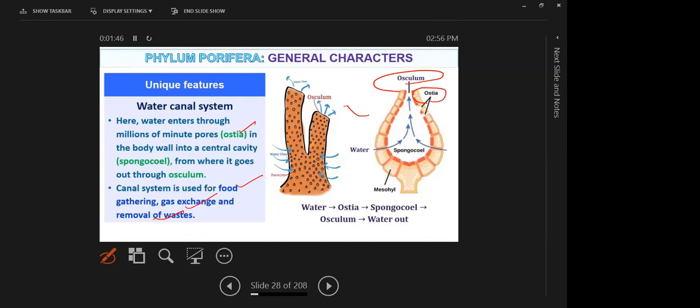All the metabolic activities happen because of the water canal system. This is a unique feature we get to see in sponges. Water enters through ostia and exits through the osculum, a single opening in the upper part of the body.